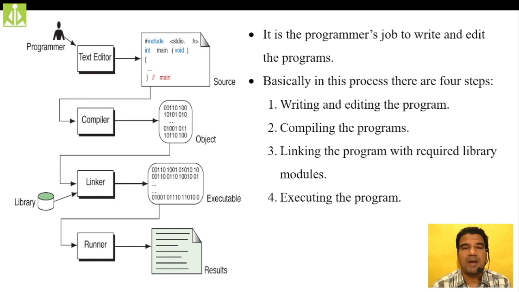Then we said compiling the program. For compilation we are using the compiler. The compiler in turn has two different programs: one is the preprocessor and the other one is the translator. The preprocessor looks for preprocessor commands inside your program.